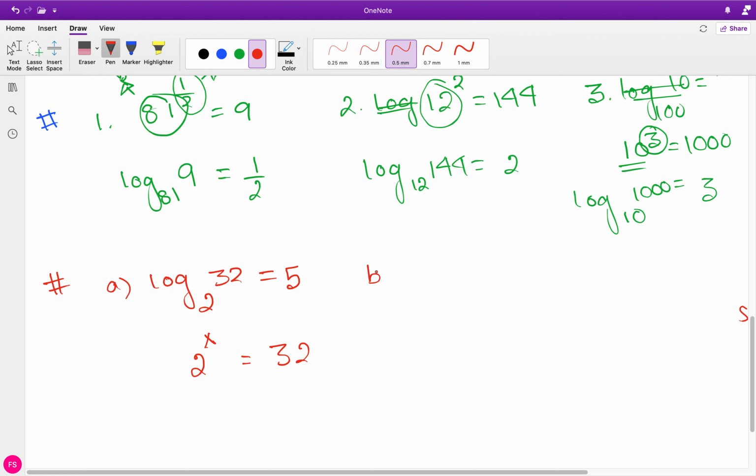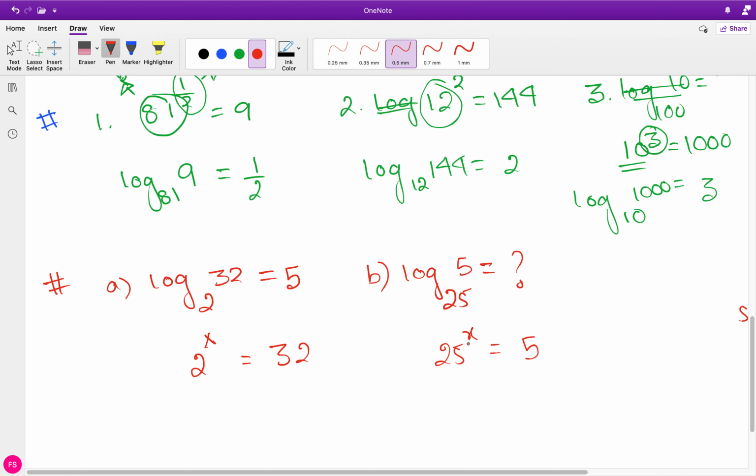Next question, log of 25 with the base of 5. This equals what? So you have to think of a power for 25 that will make this equal 5. Now there's a problem with this one. The 5 is smaller than 25, so you can't take a number that's more than or equal to 1, because 25 to the power of 1 is 25 itself.